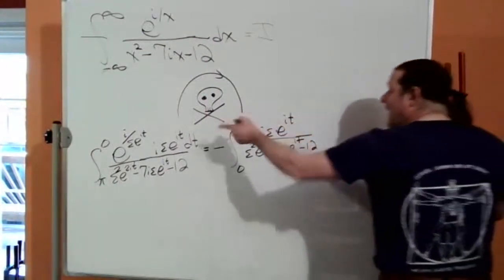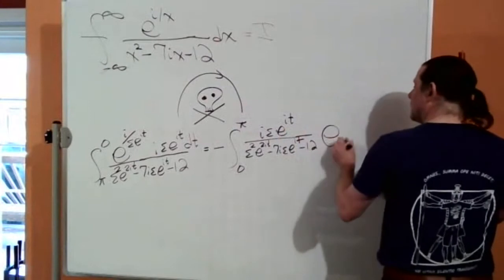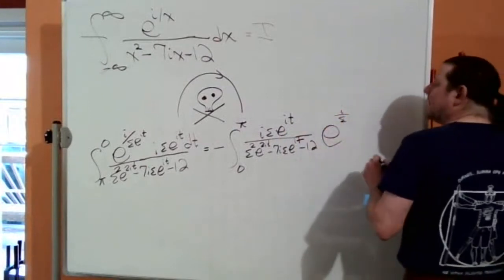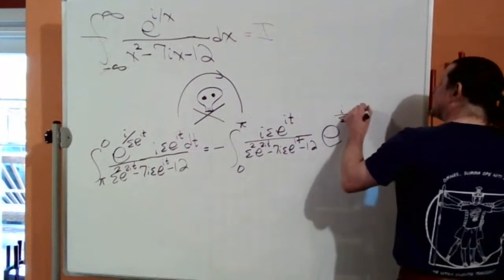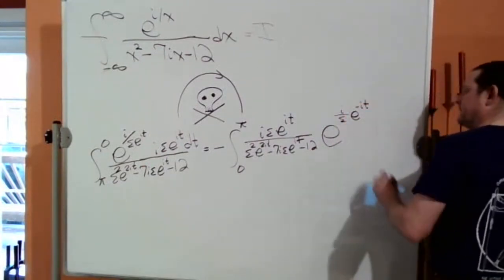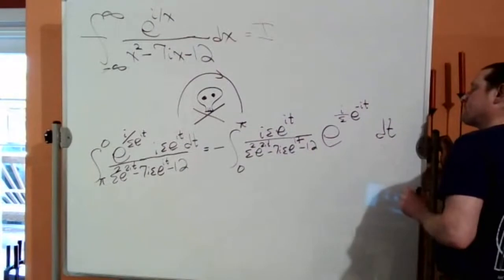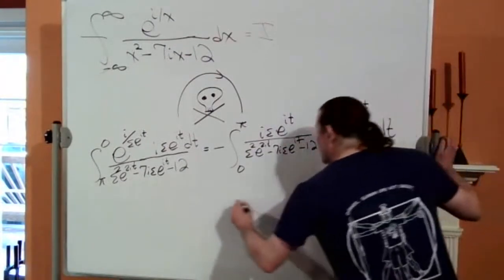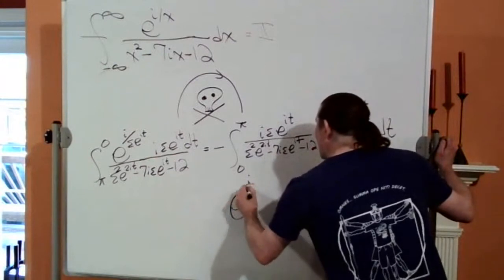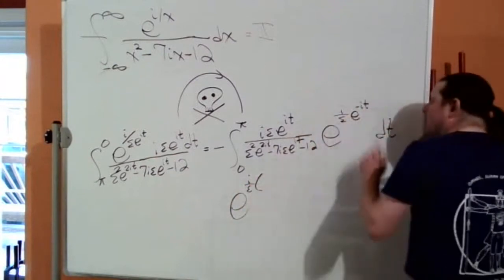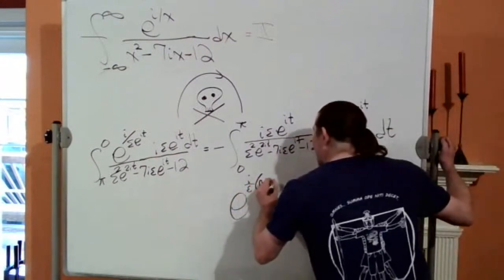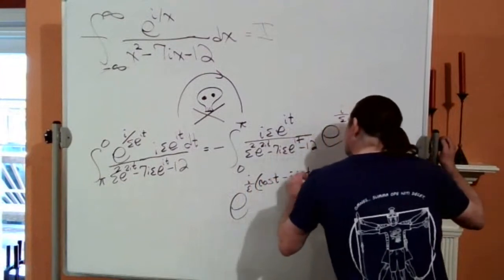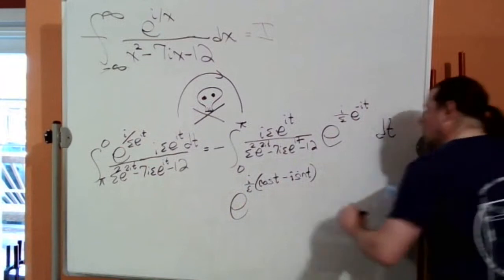All right, and then the exponential. So it's going to be i over epsilon e to the minus it. Okay, so let's see what that is. e to the i over epsilon, e to the minus it is cosine t minus i sine t.